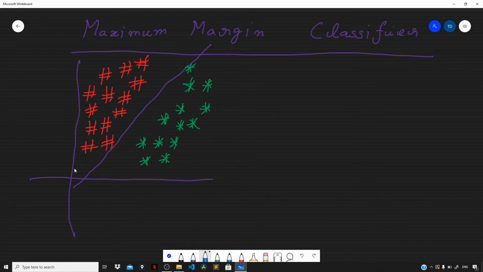Let us say the second hyperplane is this one, and let us say the third one is this. Now in this example, as you can see here, it is difficult to tell which one of the three is the best possible hyperplane, because each of these three are doing perfect separation of both the classes. Now here comes the concept of margin that will help us find the best out of these three.